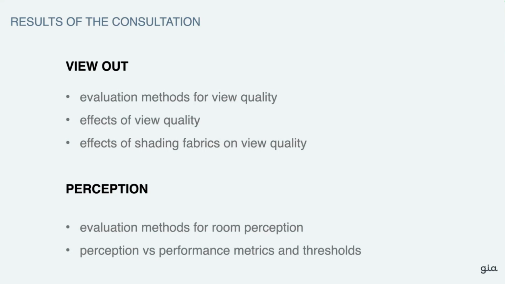But also potential correlates between the metrics that we already have, that we normally use in practice, which are performance metrics, and the actual visual appearance of what we perceive of these daylight levels.